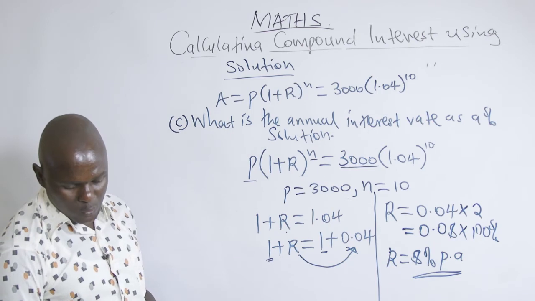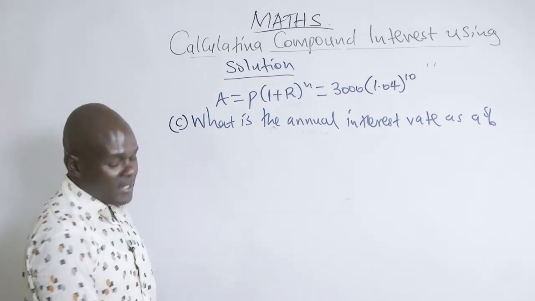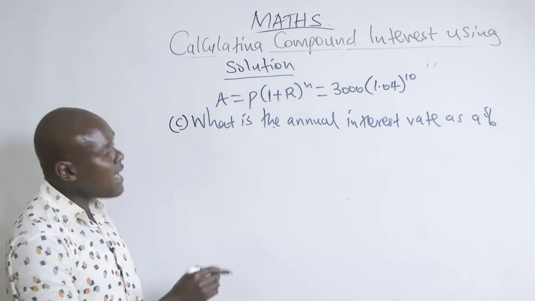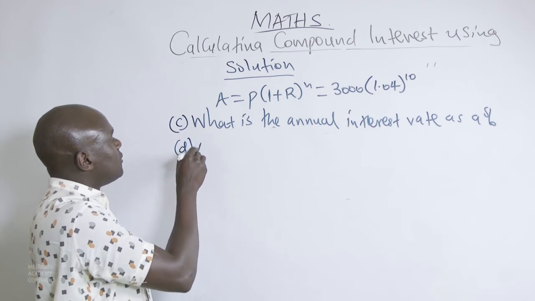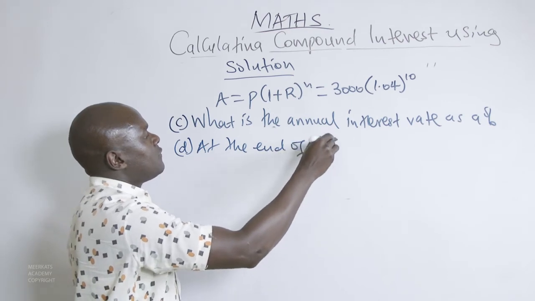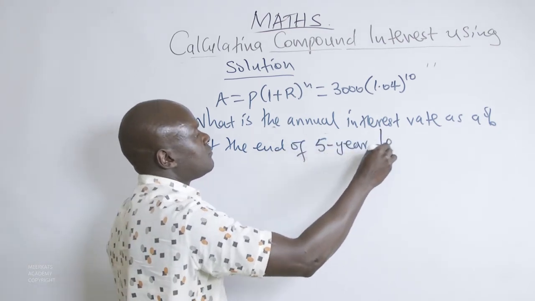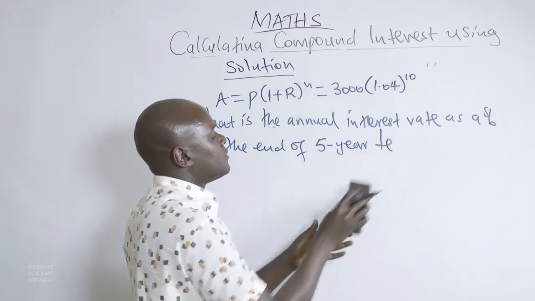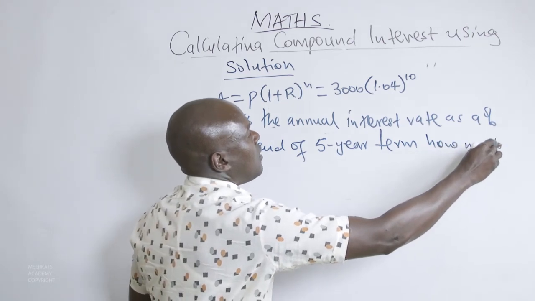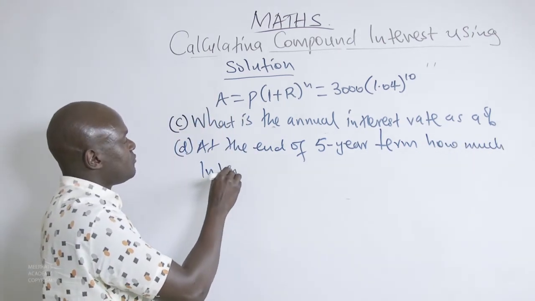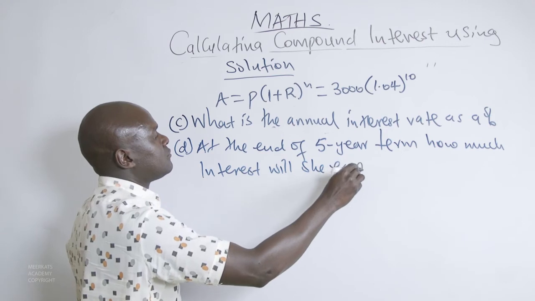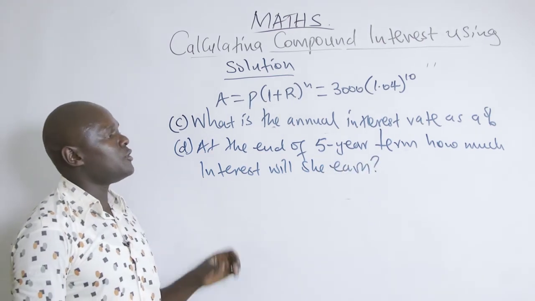This is part C. We look at part D. Part D, we are asked, at the end of the 5-year term, how much interest will she earn? How much interest is she going to earn?